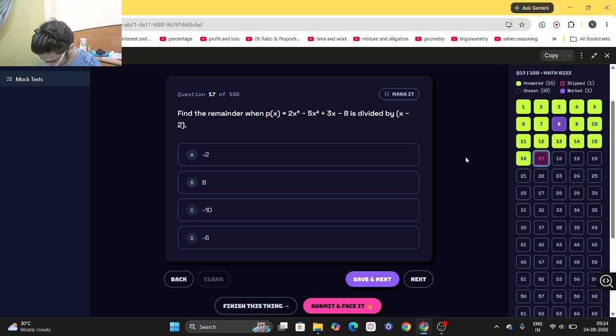So this becomes 2x cube minus 4x square, and minus x square plus 3x multiplied by minus x. This becomes minus x square plus 2x, and then x minus 8. Multiply this by plus 1. So this becomes x minus 2, and the remainder is minus 6.